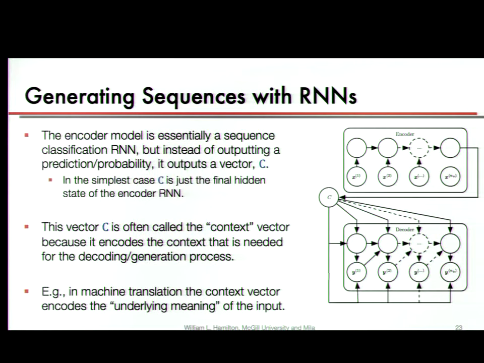And again, using the example of machine translation, what we want to train our model to do is we want this C vector, this context vector, to encode all the information we need to generate the decoded sequence. So in machine translation, this should encode the underlying language-agnostic meaning, the interlingua of this particular sentence.